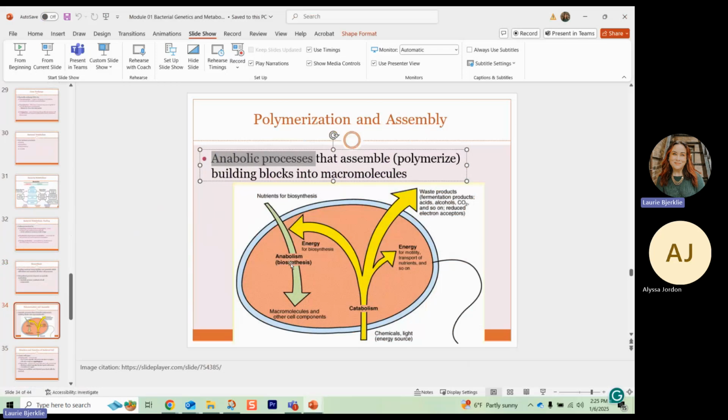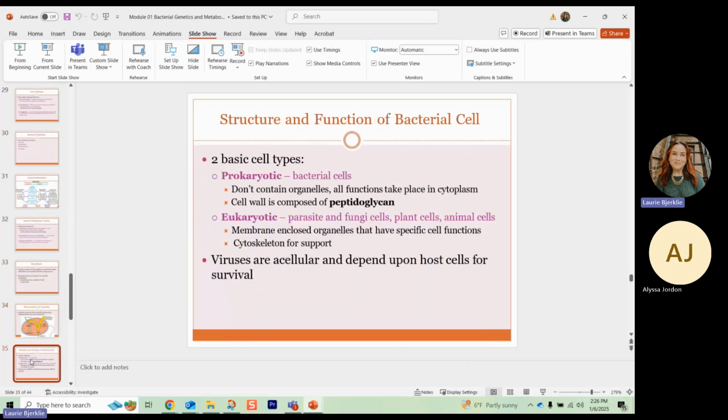And then anabolism is the opposite. They're going to then use those building blocks to create something. So they need both sides. They need to break down certain things for energy, and then they are going to build up and create something with that energy. So that's that whole process for metabolism of a bacteria.